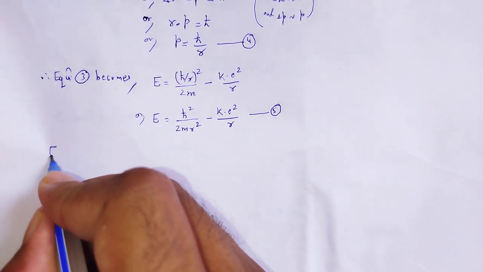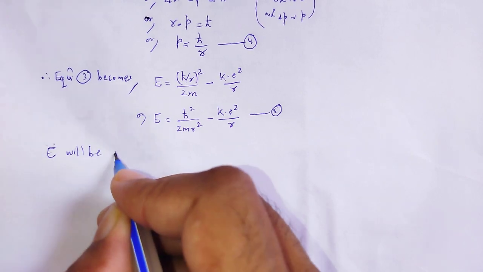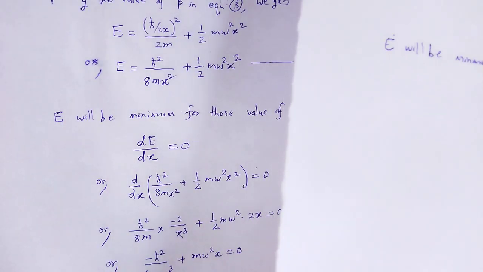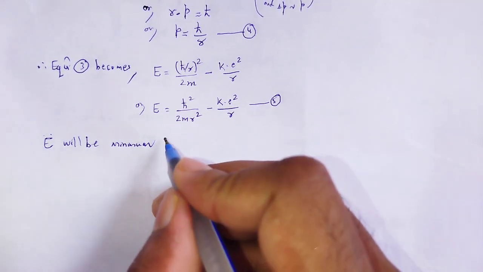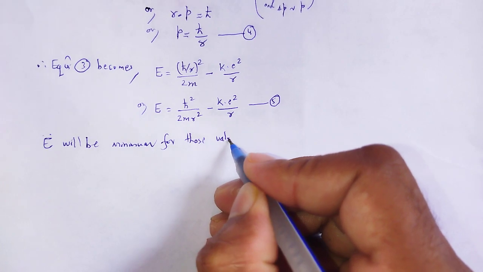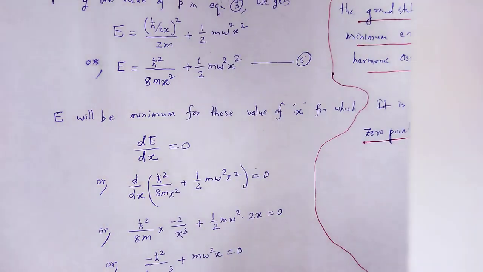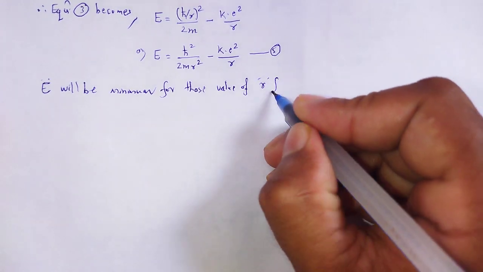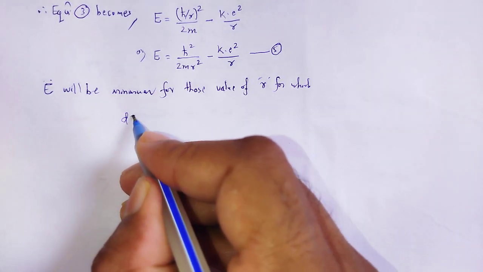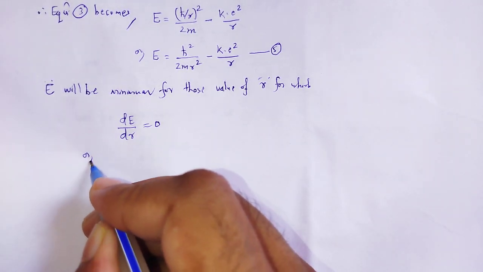E will be minimum for those values of r for which dE by dr is equal to 0.